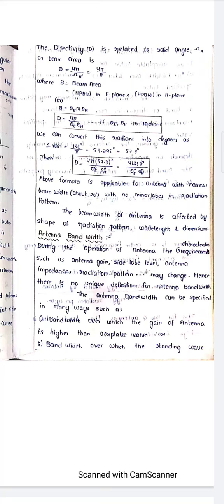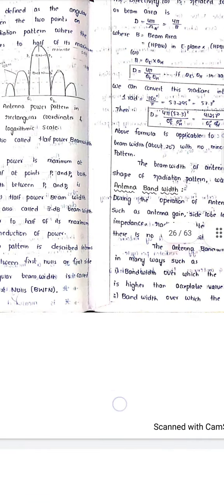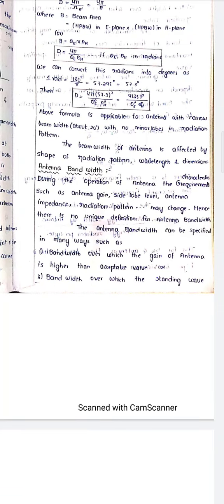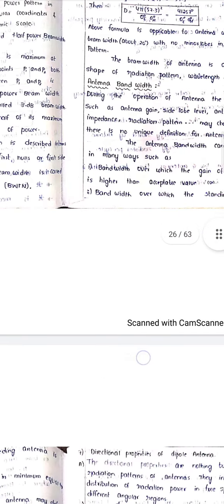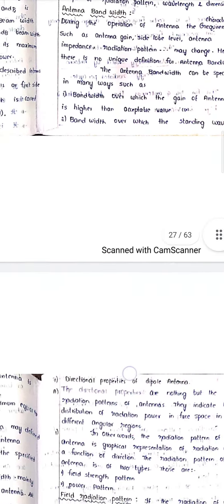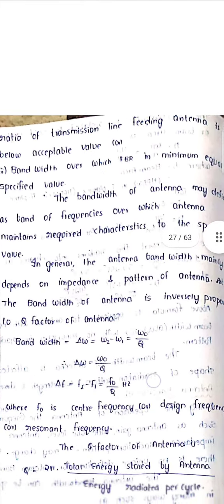The antenna bandwidth can be specified in many forms, such as the bandwidth over which the gain of the antenna is higher than an acceptable value, or the bandwidth over which the standing wave ratio of the transmission line feeding the antenna is below an acceptable value, or the bandwidth over which the front to back ratio is minimum equal to the specified value.